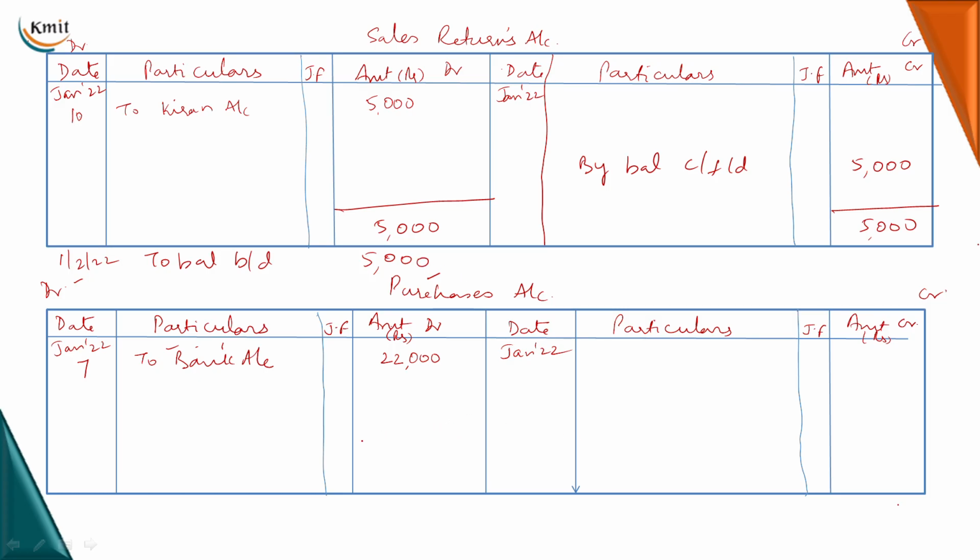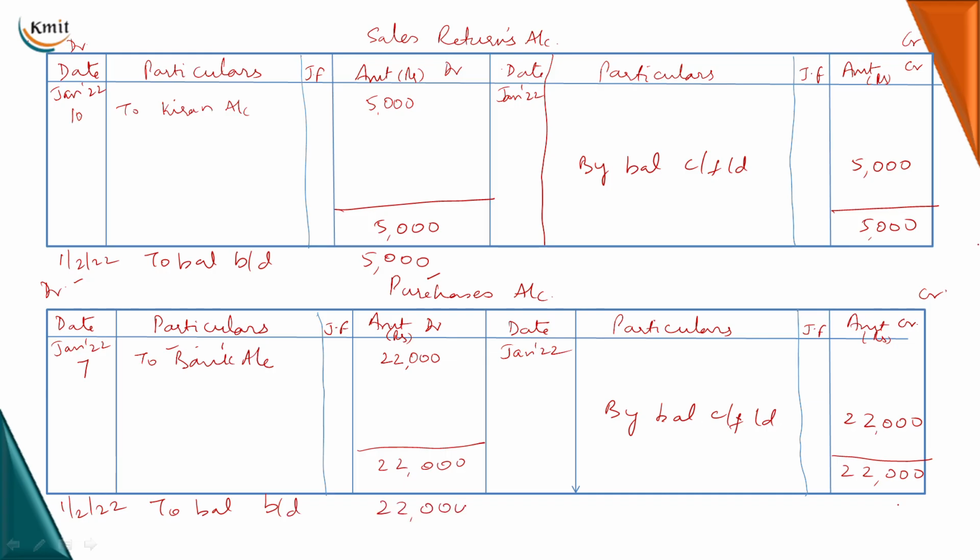Next one, purchases account. The balance carried forward or down 22,000. That's the closing balance. The opening balance for the next month will be to balance brought down 22,000.